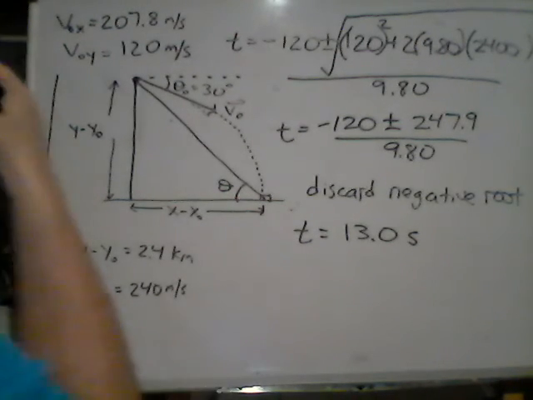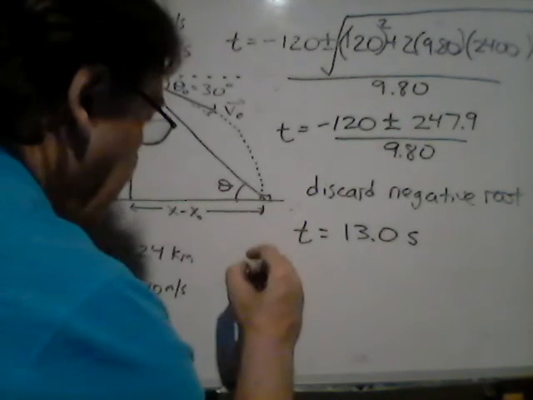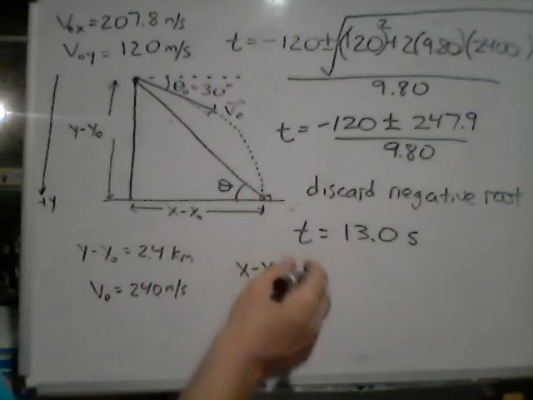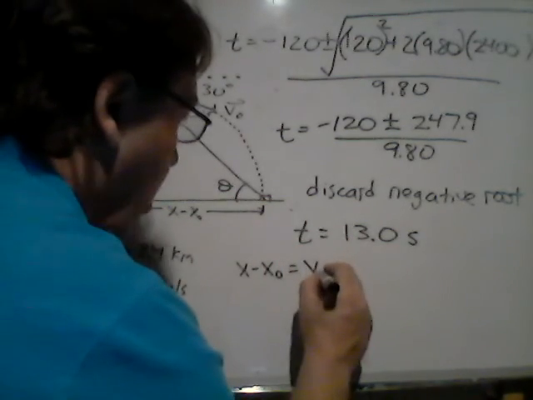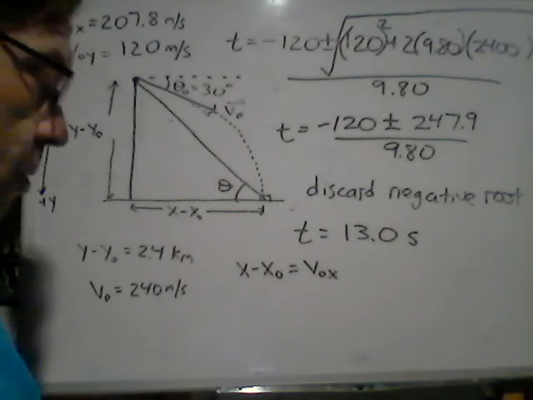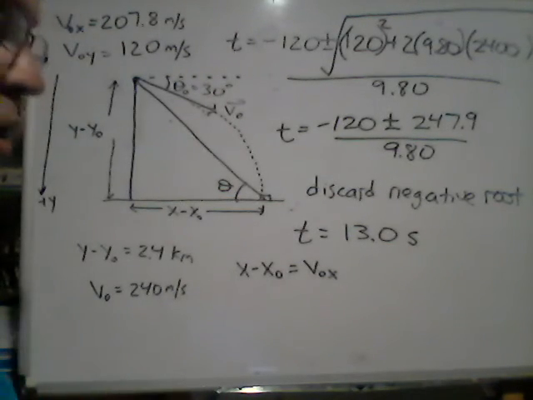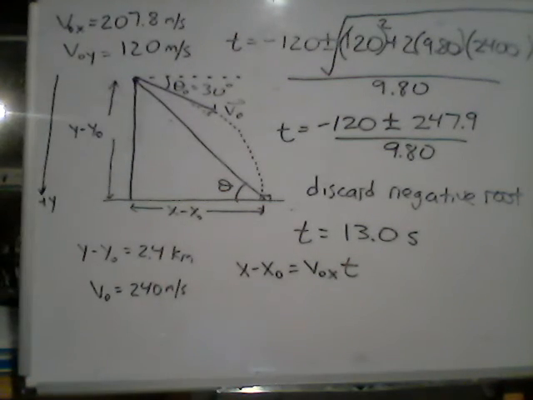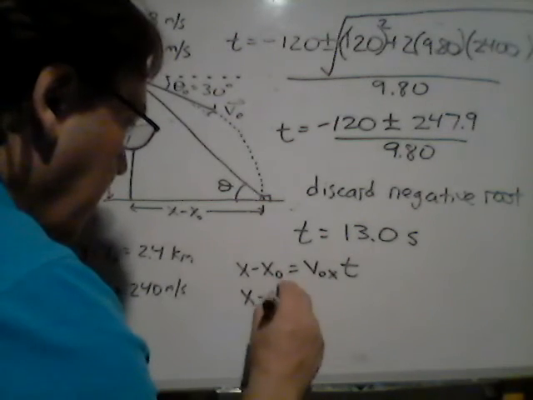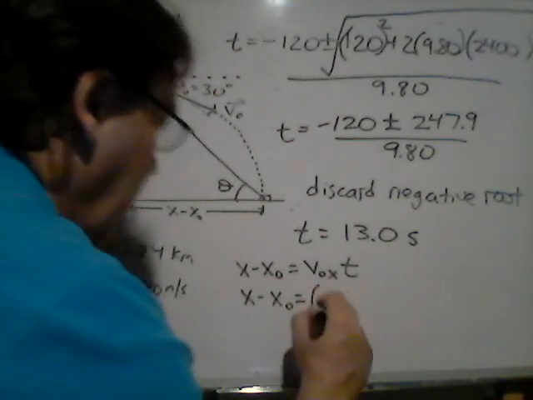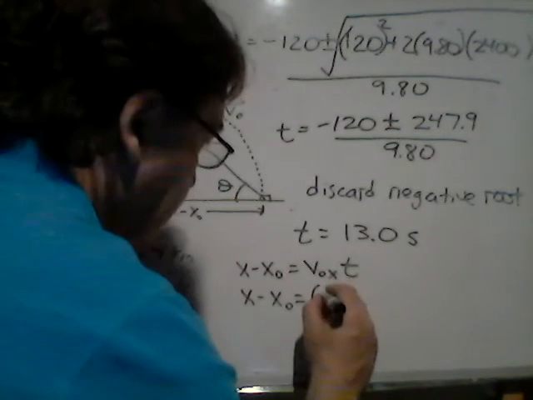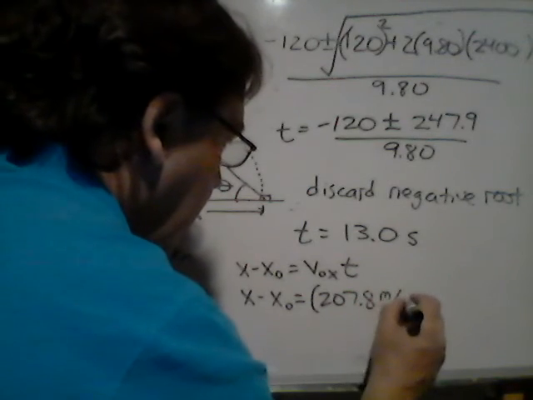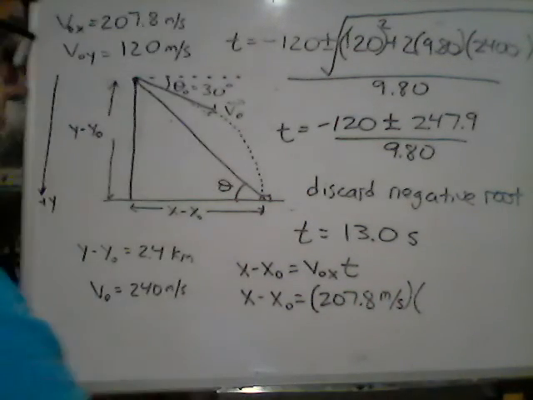At this point, then, the range, x minus x naught, simply becomes v naught sub x, which is always the same. Again, remember, the x component of velocity is always constant, times t. X minus x naught will be the v naught sub x, which is 207.8 meters per second, multiplied by the time, which is 13 seconds.